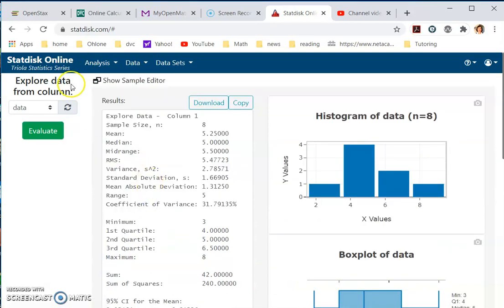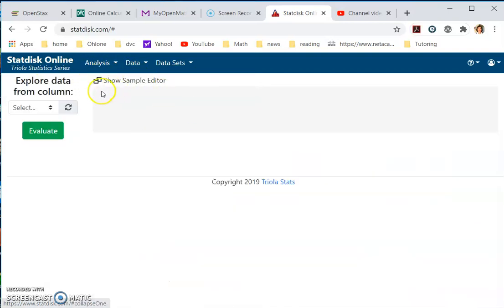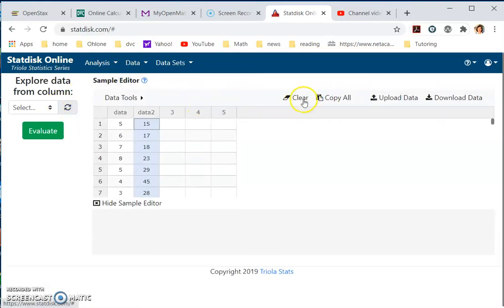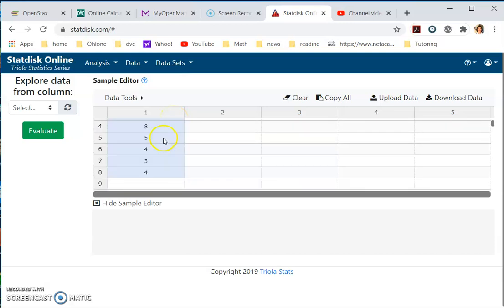I clean this up and clear all of these, so I have no data. I'm going to do Control V to paste it into Statdisk. So this is my data.